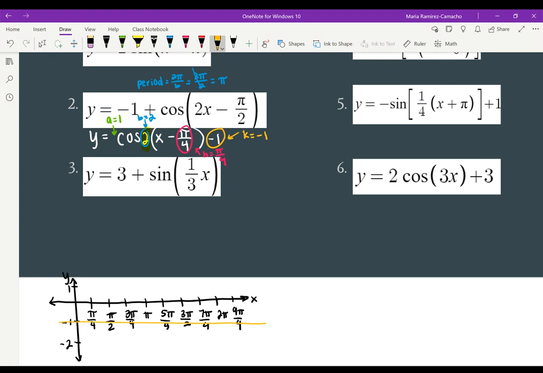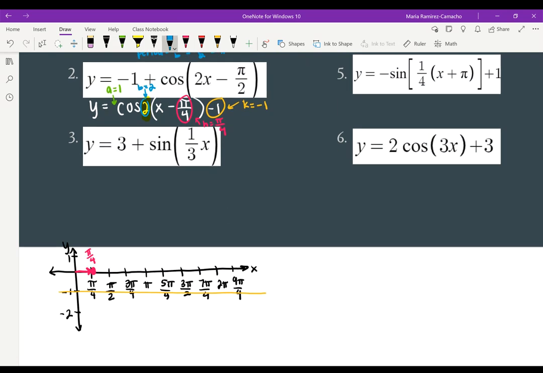And then we are shifting to the right pi over 4 units. So instead of starting our cycle on the y-axis, we are going to be shifting over pi over 4 units. And then my period is pi radians.